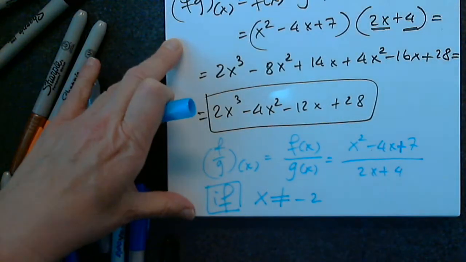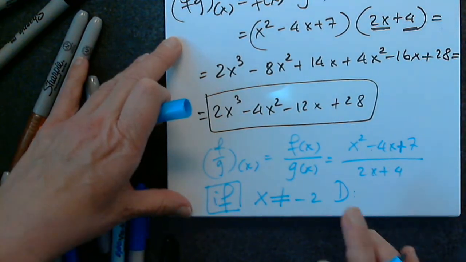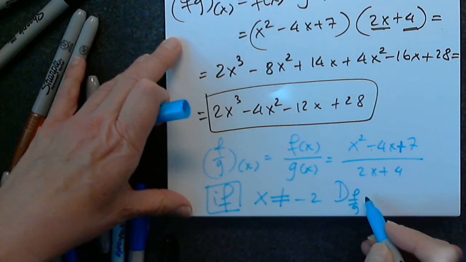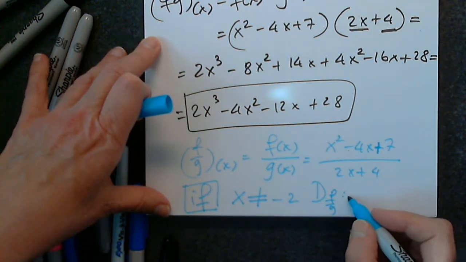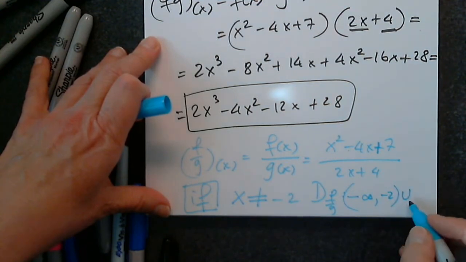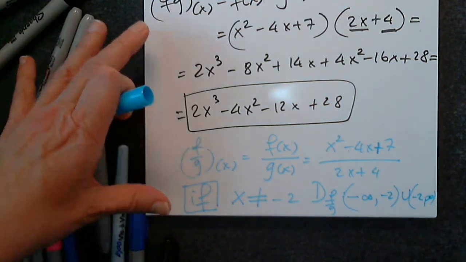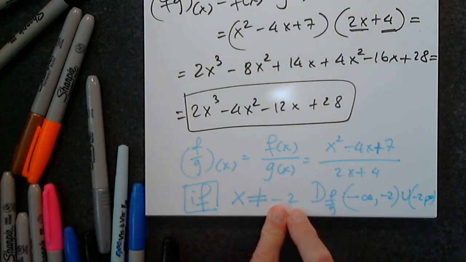X cannot equal -2. So therefore, the domain of the ratio is negative infinity to -2, union -2 to infinity. That's it. As you see from the common domain, which was all real numbers, I had to remove -2.